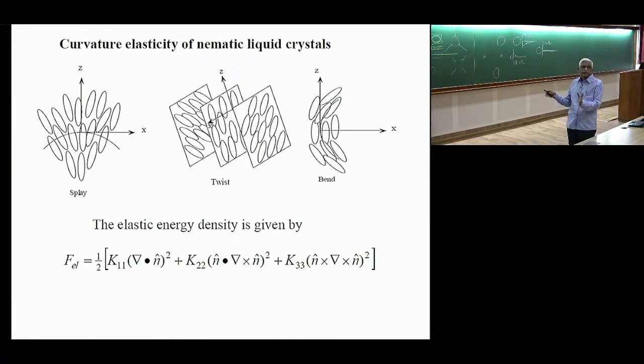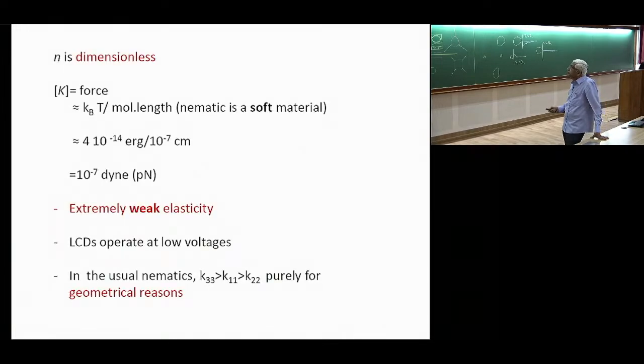So these are the three fundamental distortions of any vector field: splay, twist, and bend. And this is the way you write the free energy density as quadratic in these distortions. Of course, n is taken to be dimensionless, the director, and therefore you can estimate what K is.